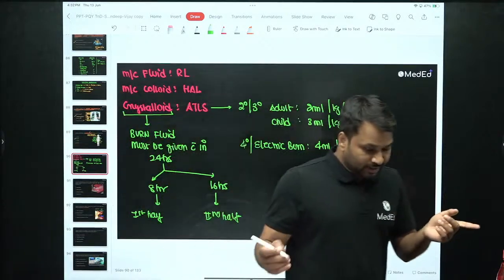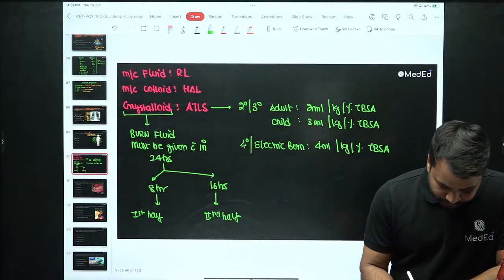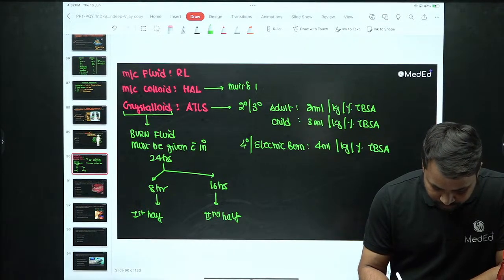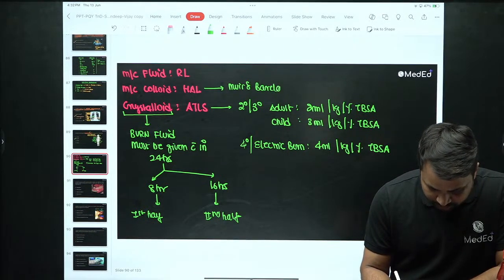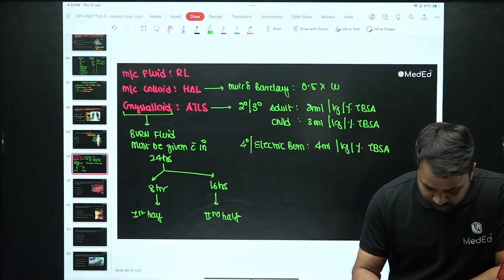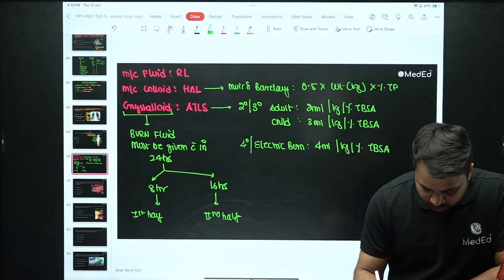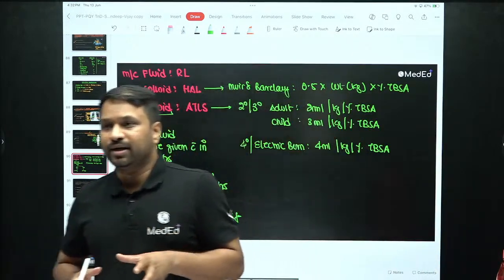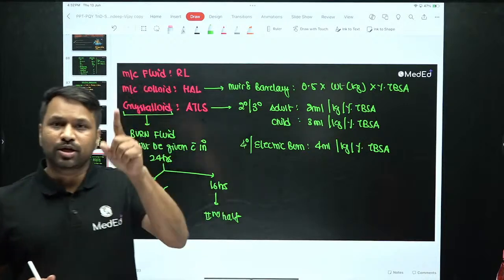Now, for the colloids, we use the Muir and Barclay formula. In the Muir and Barclay formula, it is 0.5 into weight in kilograms into percentage of total body surface area burnt. Whatever value that you are going to get is called one portion.